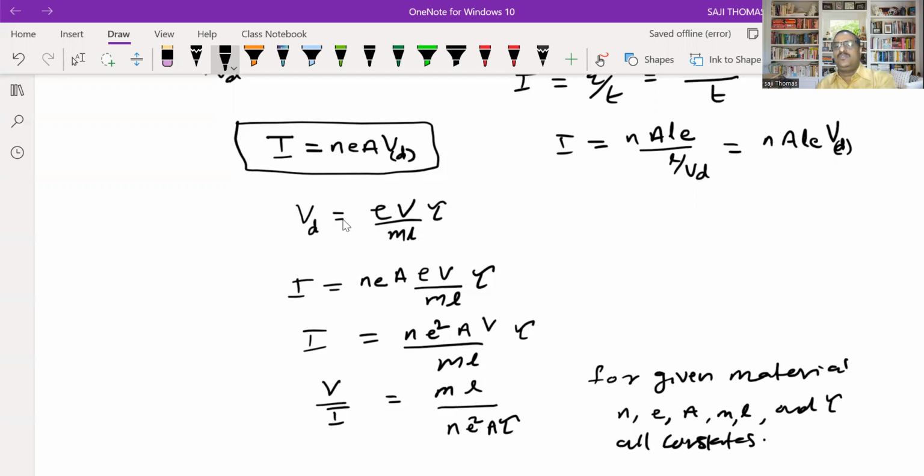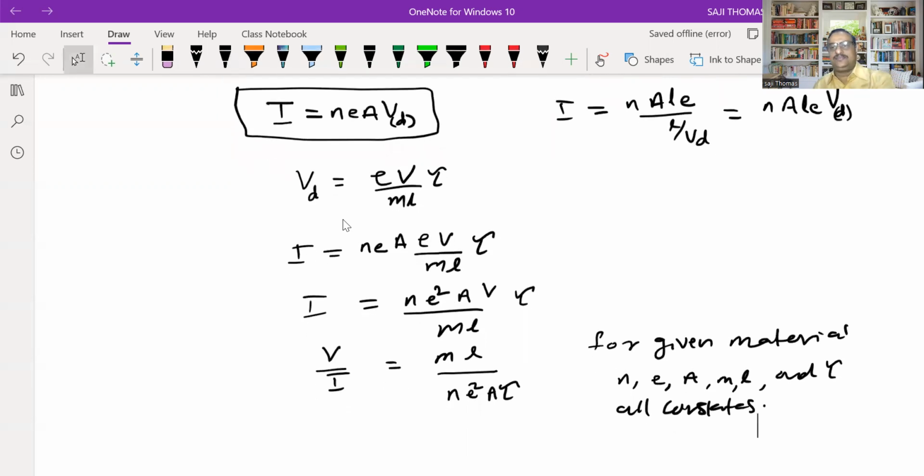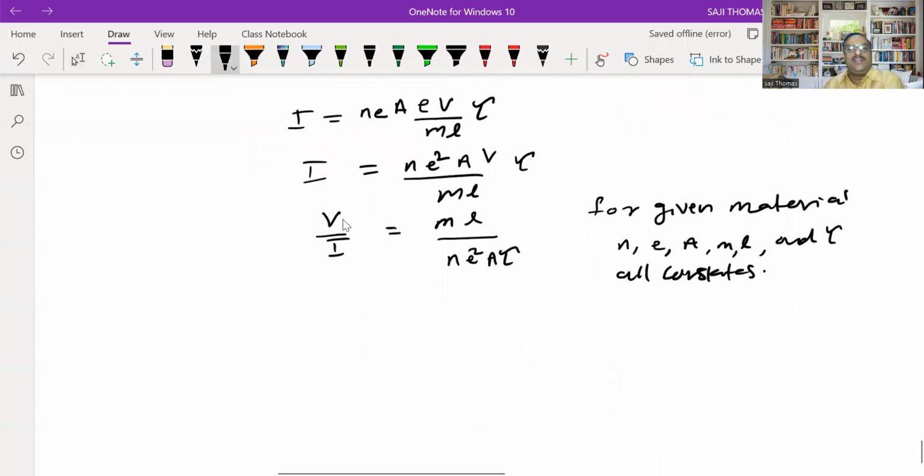Relaxation time is also constant for a given temperature. So we got V by I equals constant at a constant temperature.